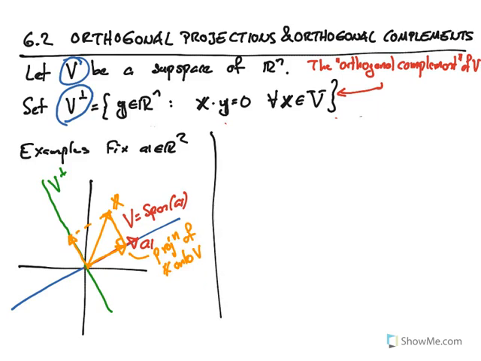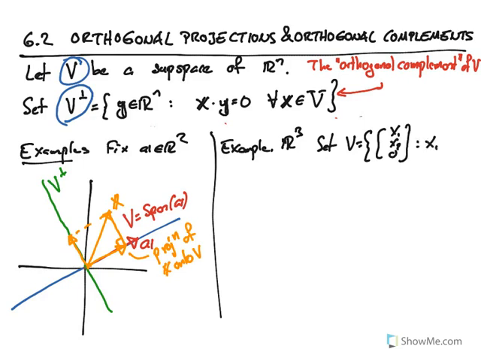Maybe one more example before we generalize. So in R3, set V to be the set of all vectors whose third component is 0.